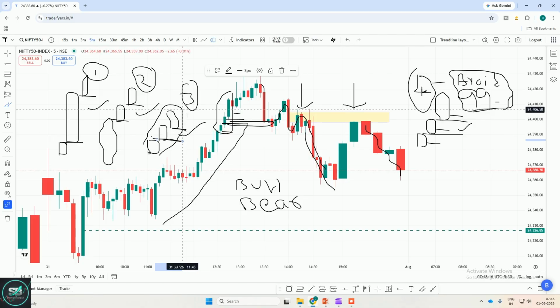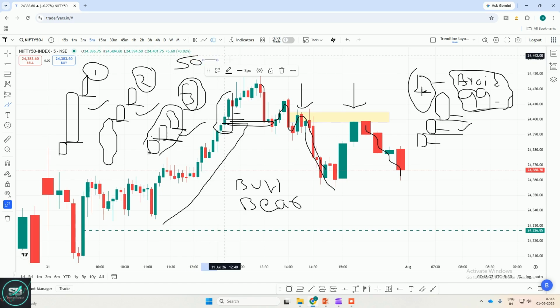When this kind of FVG forms, it means the market will be mostly sideways. You are not going to get better risk reward, but still you can trade this, though I would say this is 50-50.